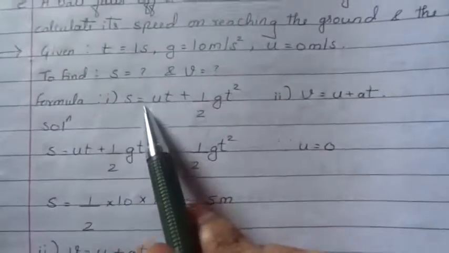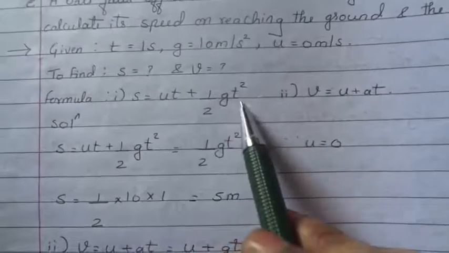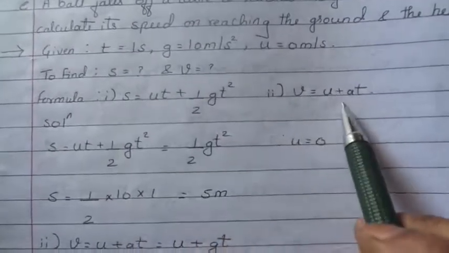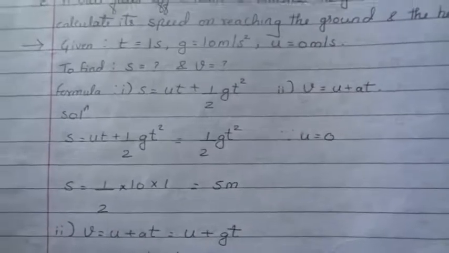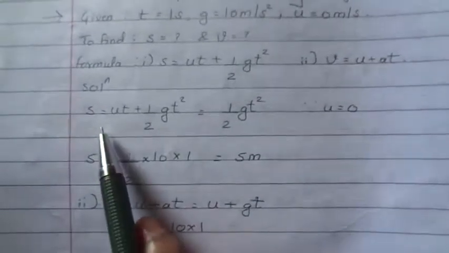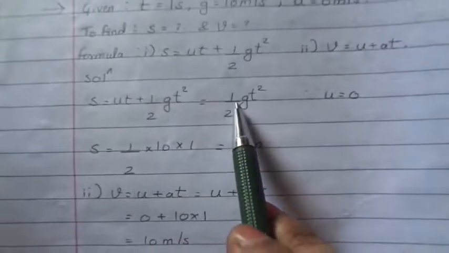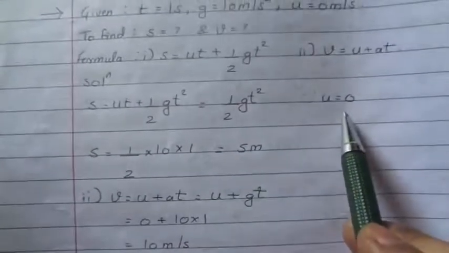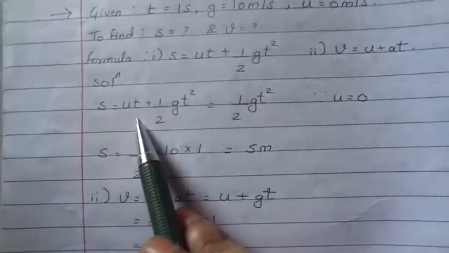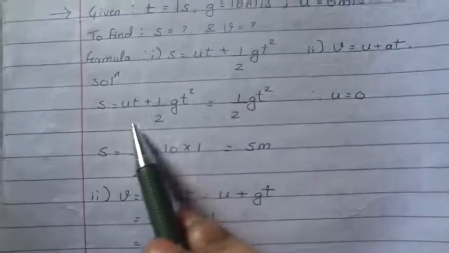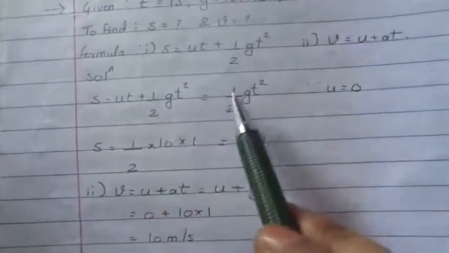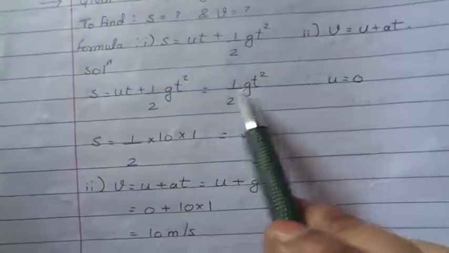the formula is given as s equals ut plus half gt square, and second is v equals u plus at, where v is the final velocity. So solution, s equals ut plus half gt square, which equals half gt square when you put initial velocity u equals 0. So substituting the value, this term will get 0, and here half gt square.